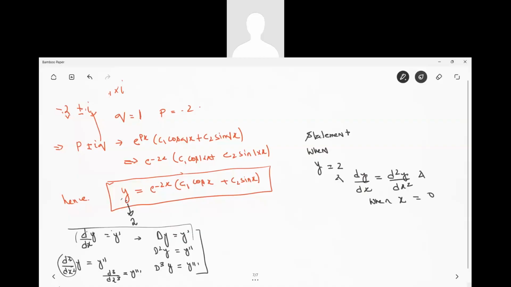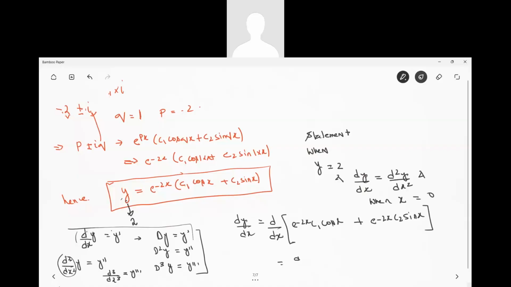Now you differentiate this dy by dx. Here also you start to differentiate. So d by dx of the entire thing, right? First you multiply e power minus 2x into c1 cos x, plus e power minus 2x into c2 sin x. You open this; now you have to differentiate.